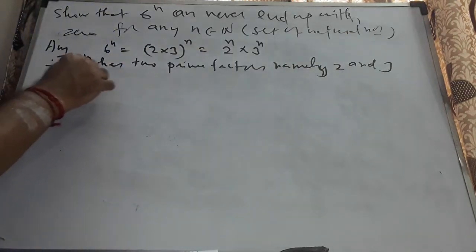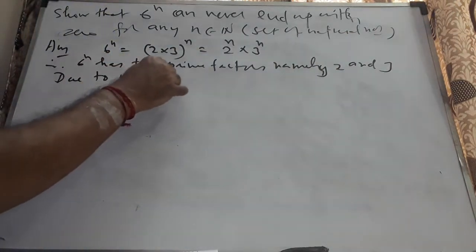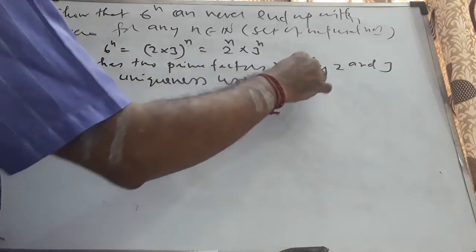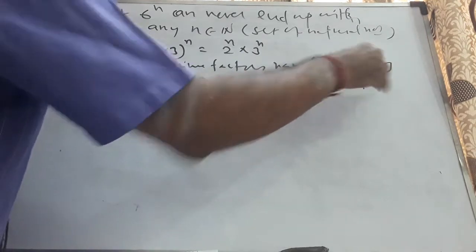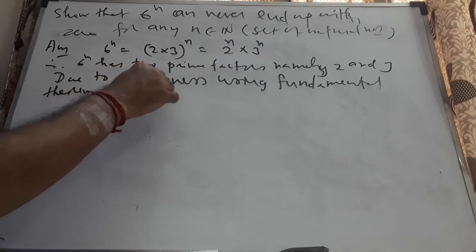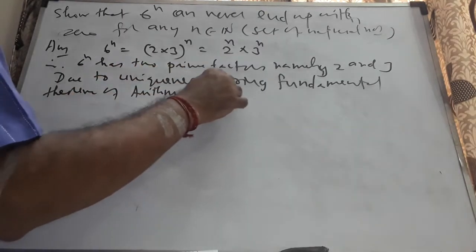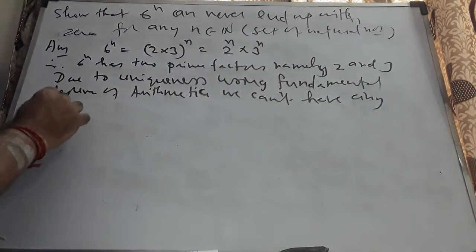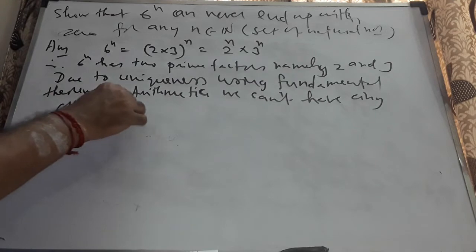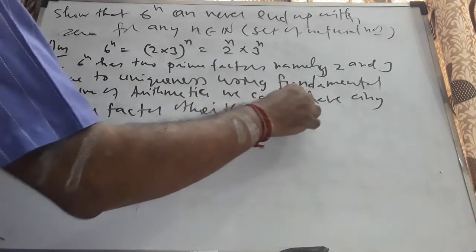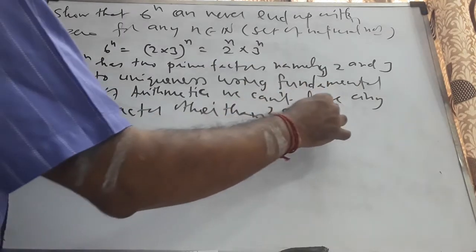Okay, due to uniqueness using the fundamental theorem of arithmetic, we can't have any other factor other than 2 and 3 for 6 power n.